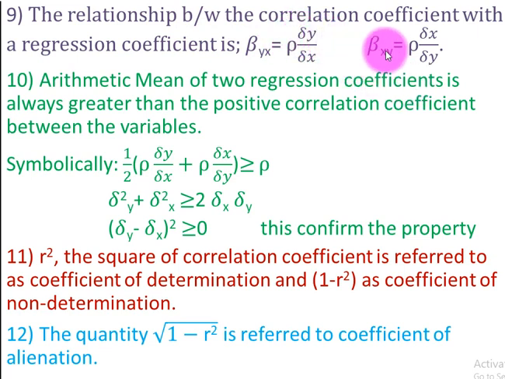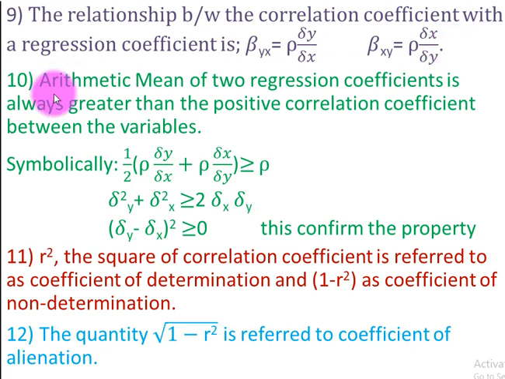If you find the coefficient of correlation of x and y, then the standard deviation of x will be in the numerator. So if you have the three values beta yx, rho, and standard deviation of x, then you can find sigma y, the standard deviation of y.